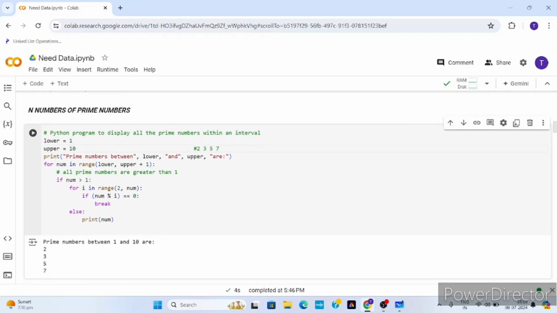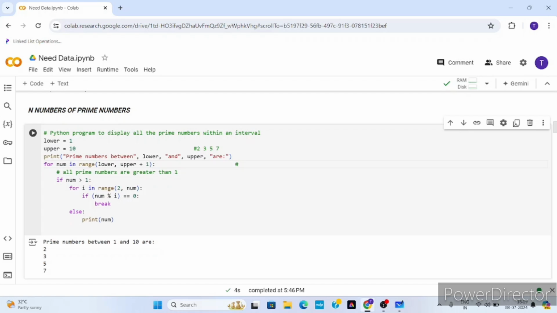So we use this for the lower value; the lower value is 1 and the upper value is 10. In the sense that we want to consider 10 also, we are using this plus 1. In this for loop, it's not an issue, it's just a condition. Let's use this hashtag, which is used for comments.